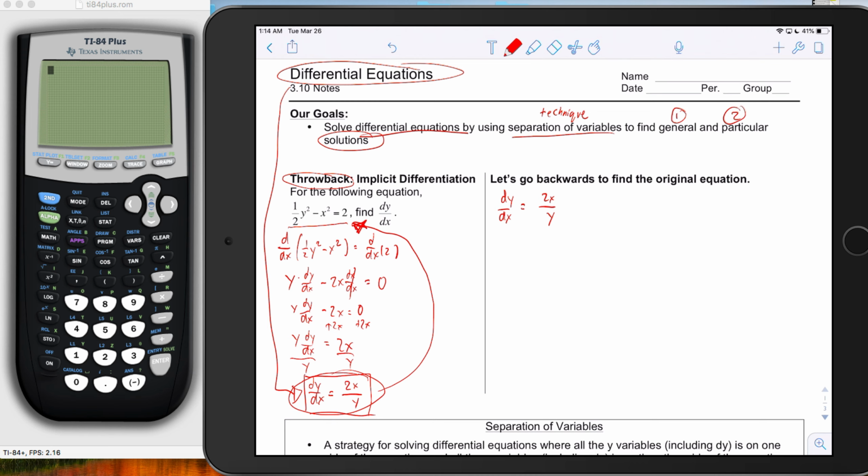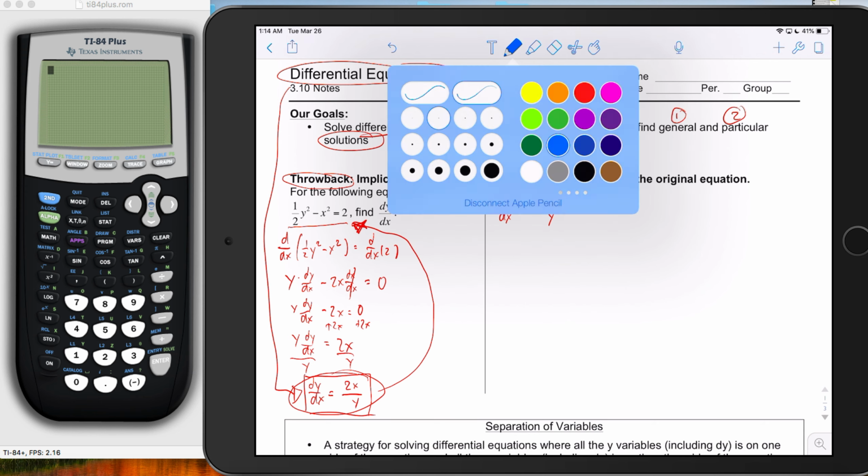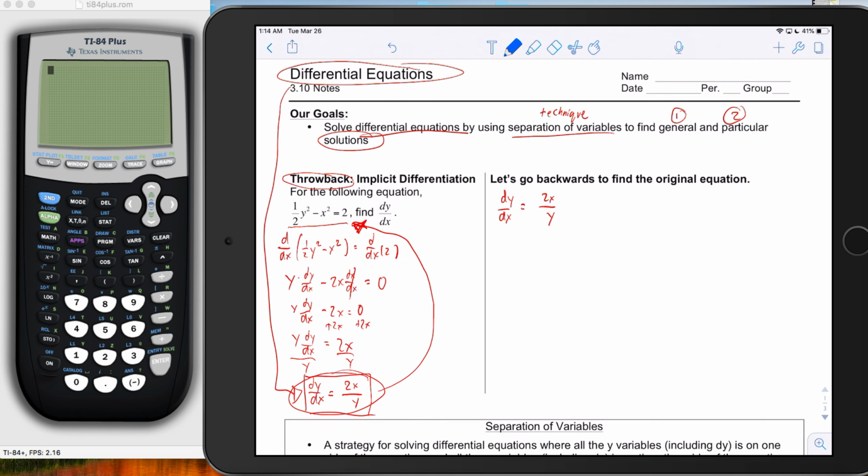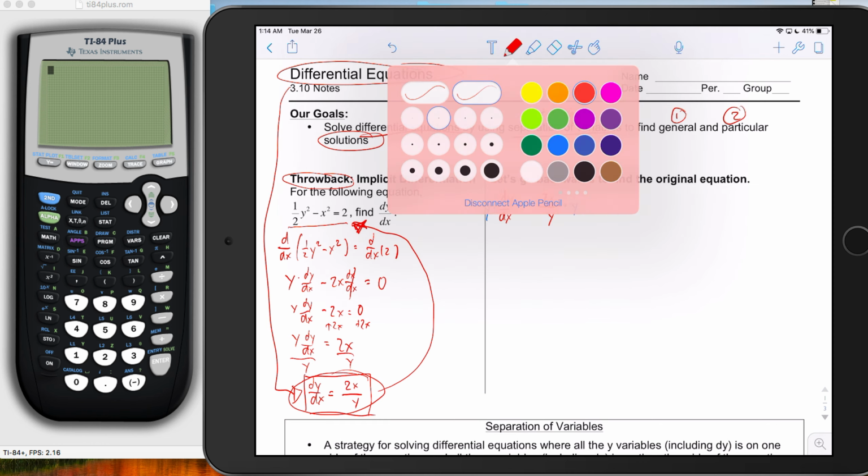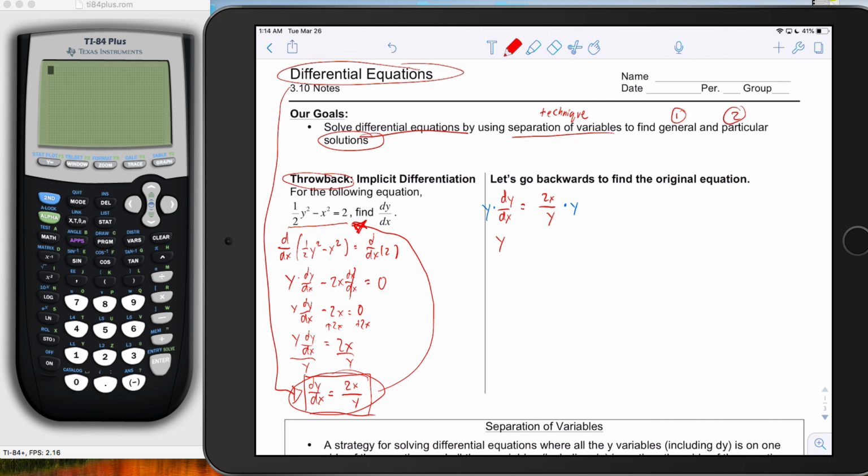We're going to do a technique called separation of variables, where we move all the y terms on one side and the x terms on the other. I'm going to multiply by y to both sides, which leaves me with y times dy/dx equal to just 2x.